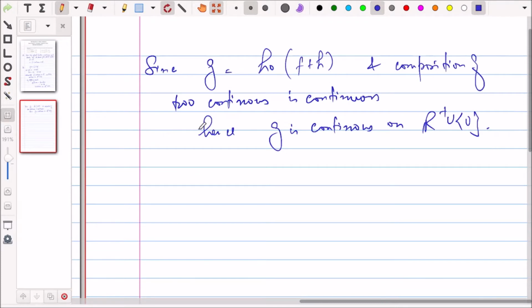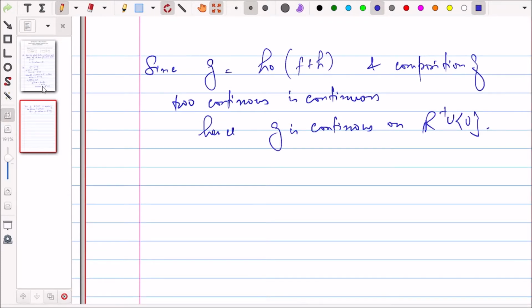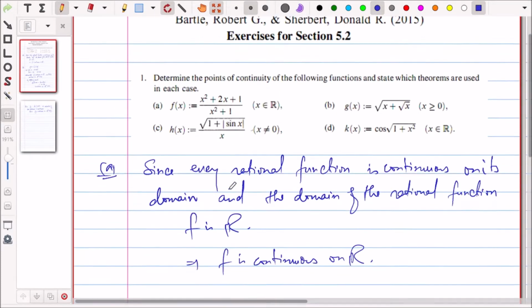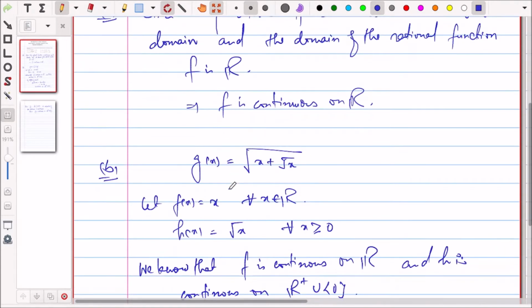So you can represent g as this h of f plus h.